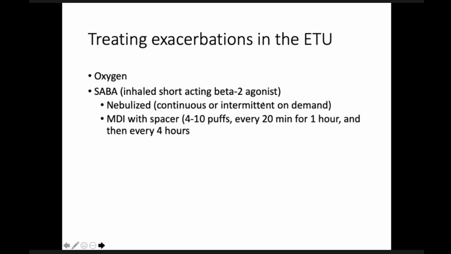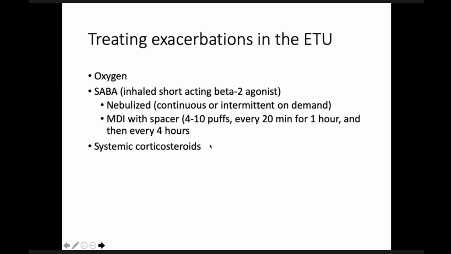If nebulization is not available, now this is available in almost all hospitals, one can use a metered dose inhaler with a spacer device, but the preferred device is the nebulized route, which is available almost everywhere.